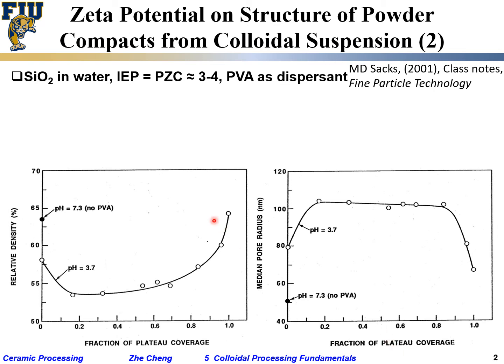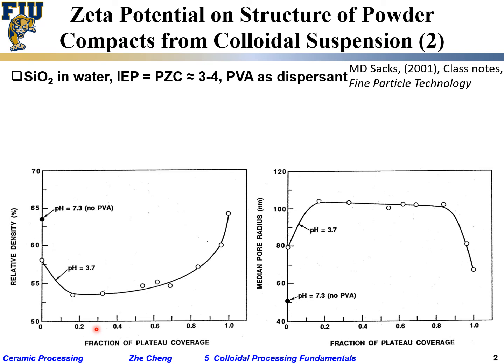So we are having a suspension. What type of suspension? Silicon dioxide in water. And of course, we can control the pH of this thing. But we can also add some PVA, a polymer dispersant or binder into it with different fraction coverage, different polymer coverage on the particles.